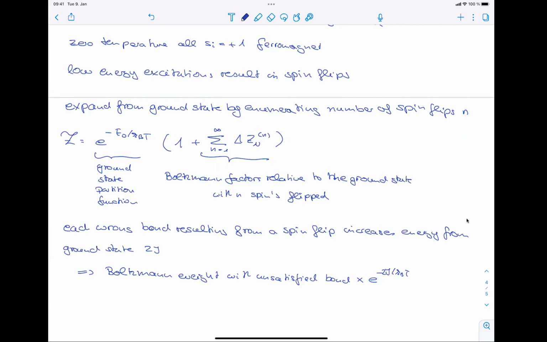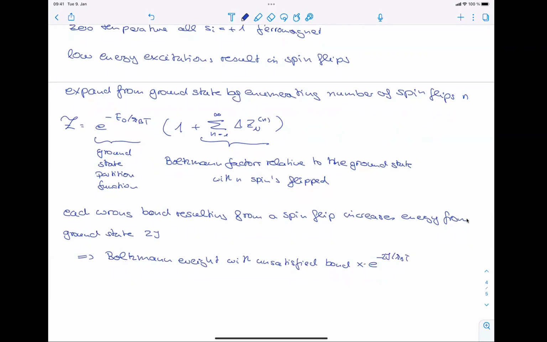And so if I have a bond not satisfied, it used to be at minus J, and I flip the bond and I go to plus J, so the energy cost is 2J. And so x is my expansion variable for the low temperature series.